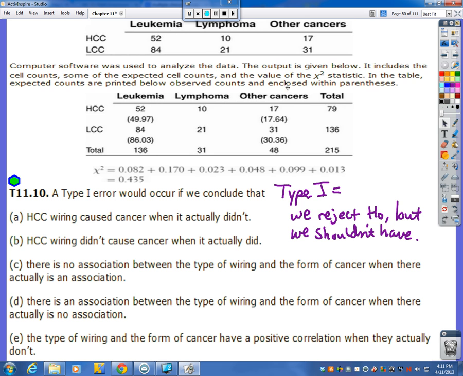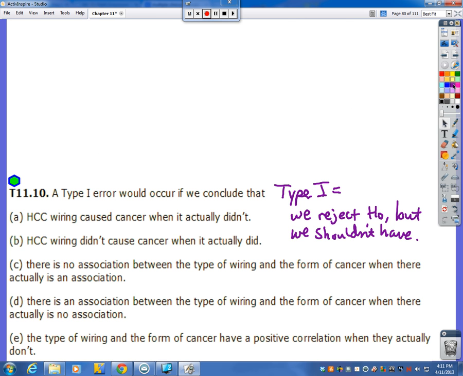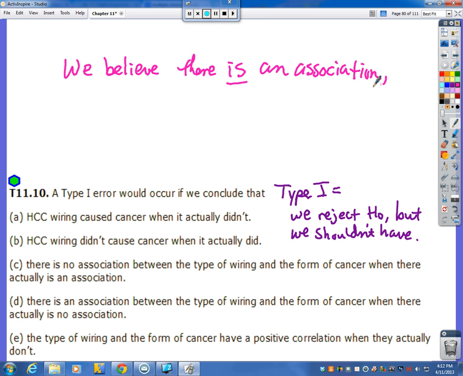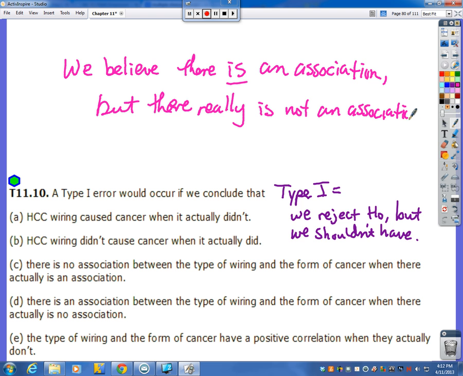So in context now, if we would have rejected the null hypothesis, we would have said, we believe there is an association, because that's what the alternate would say. But there really is not an association. So that's taking our definition and applying it a little bit more to what we're talking about here.